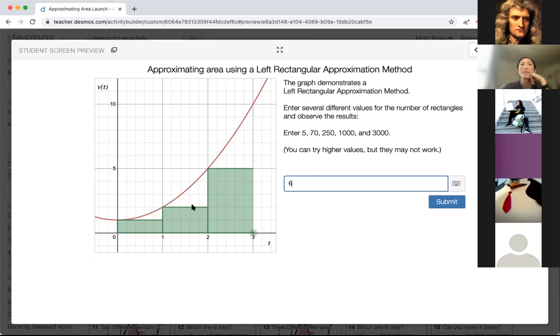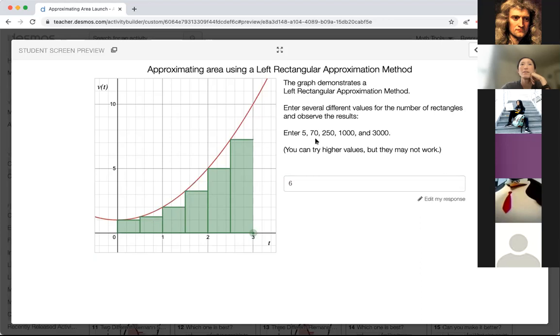Do you think that 3 rectangles is better or 6 rectangles is better if I want to approximate the area? Yeah, 6 is probably better.